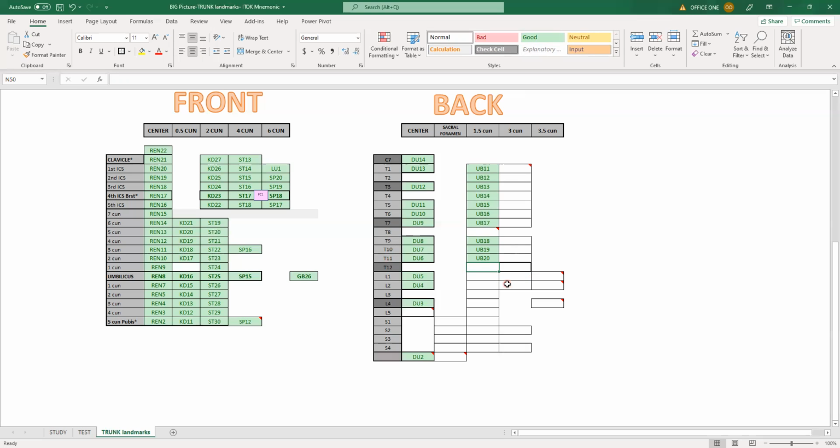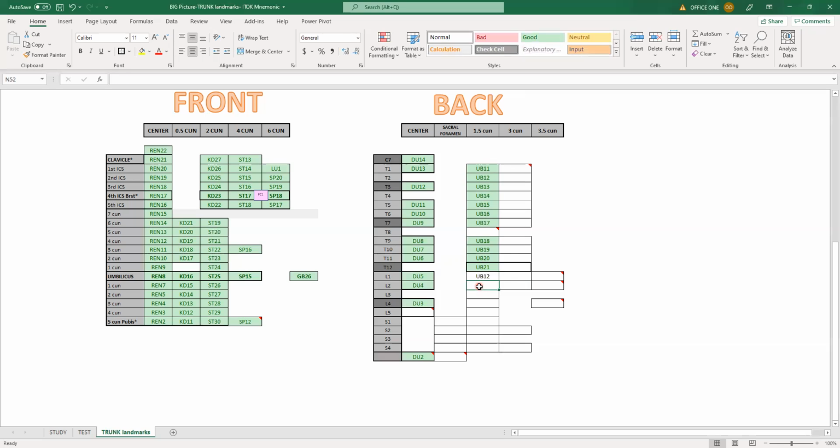At T12, you have UB21, and the way that I remember this one is 12, if you switch the numbers, is 21. So that's very easy to remember, T12, 21. Then we continue moving downwards.